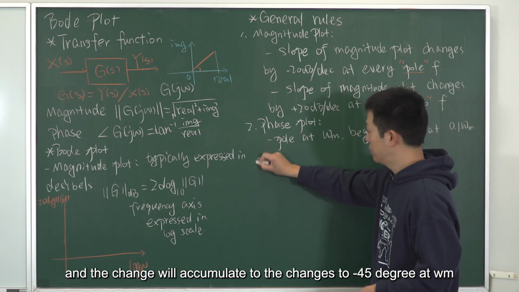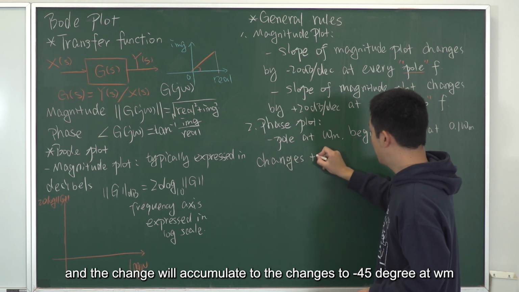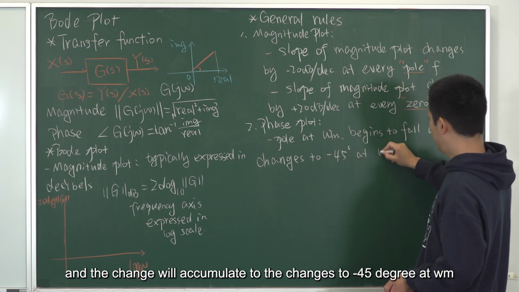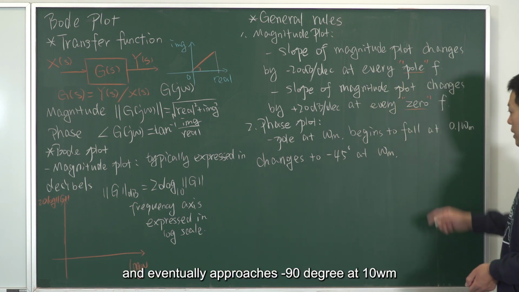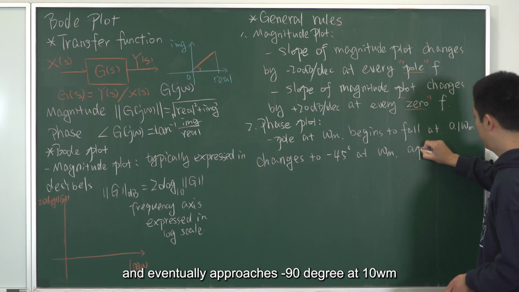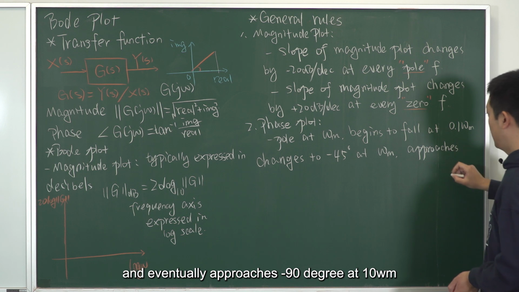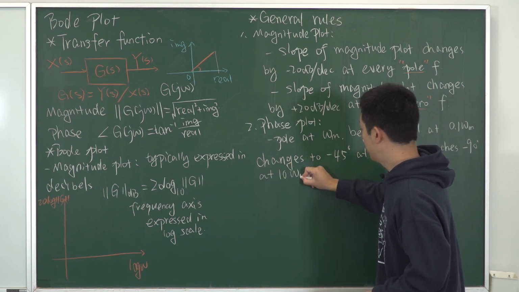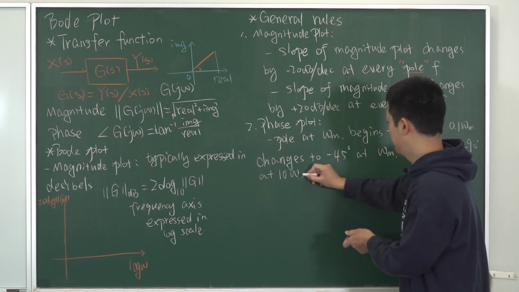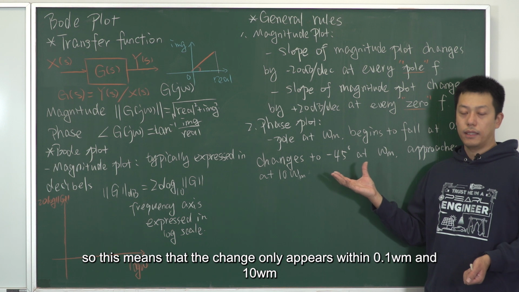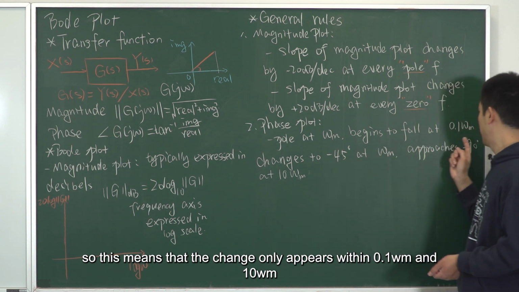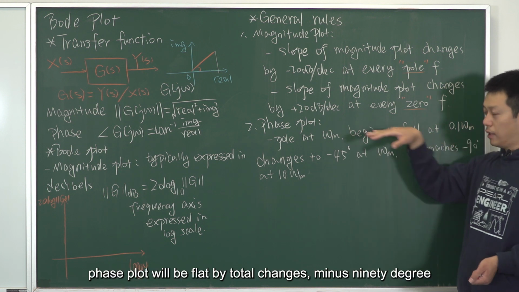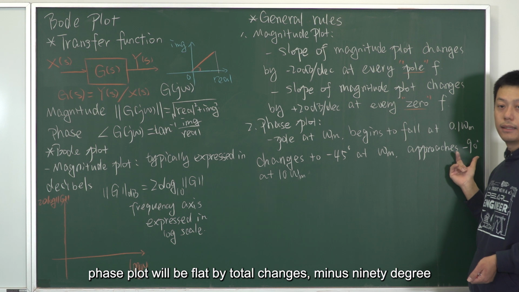The change accumulates to minus 45 degrees at ωm, and eventually approaches minus 90 degrees at 10 ωm. So the change only appears between 0.1 ωm and 10 ωm. Beyond 10 ωm, the phase plot will be flat. The total change is minus 90 degrees.